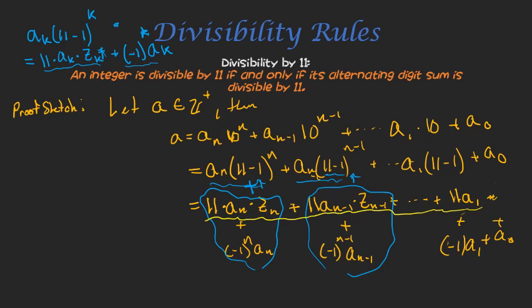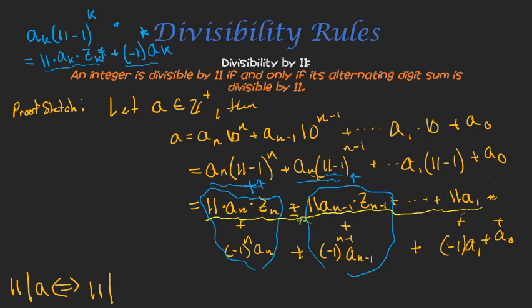And so the result we get from this, applying the star and double star again, is that 11 divides a if and only if 11 divides, since all this stuff up here is a multiple of 11, I just care about these negative 1 to the k's down there.